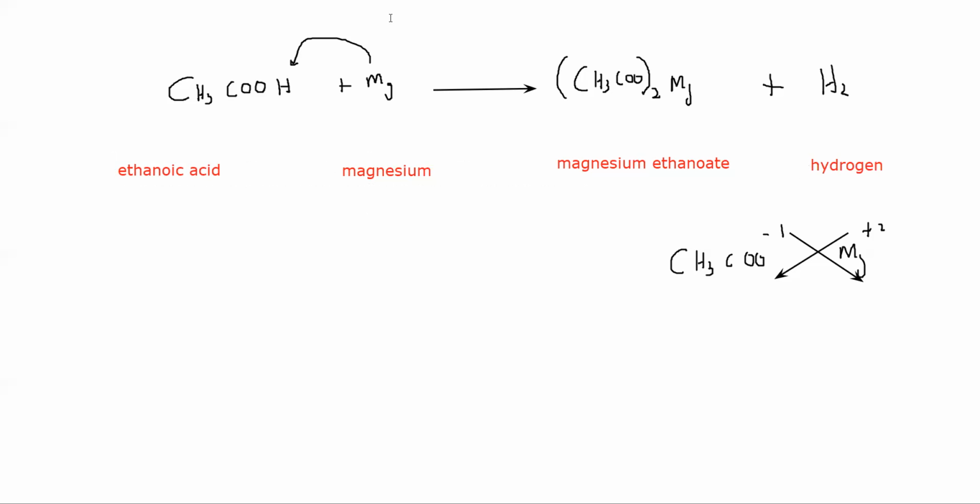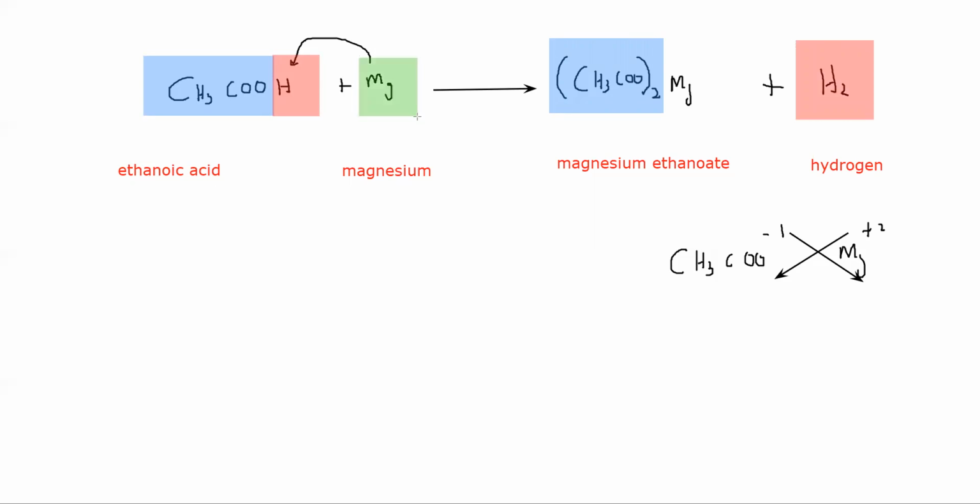Now to balance this equation, what we will do is make this into identical groups, like we have CH3COO and CH3COO. You can see I give one shade to that. Then hydrogen, that's the second shade. And then we have magnesium, Mg. Now we want to balance.